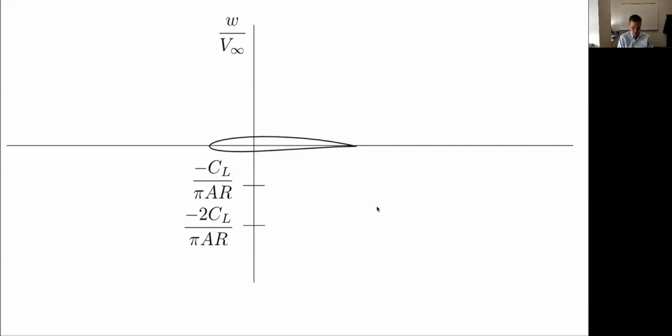This is actually the tangent of the induced angle, which is not exactly the downwash. It's close. If we multiply by V infinity, the tangent of our induced angle times V infinity is the downwash. So actually it is exactly that because I've normalized this by V infinity.